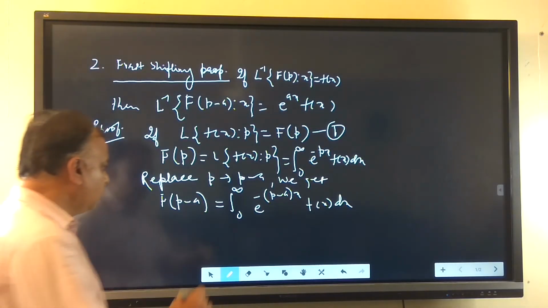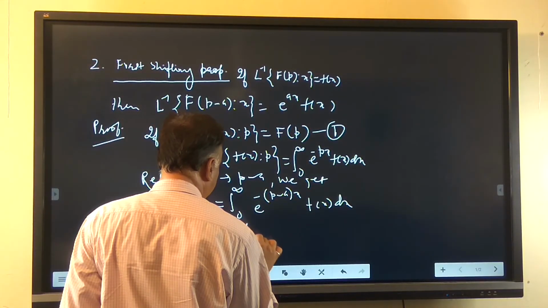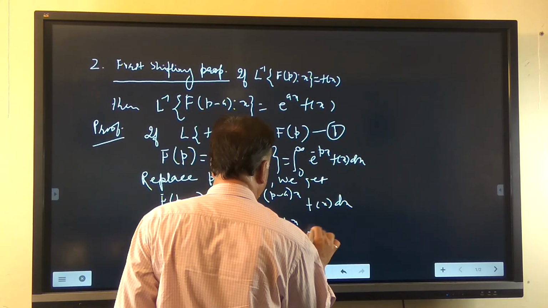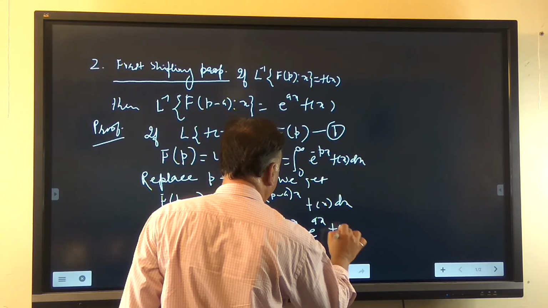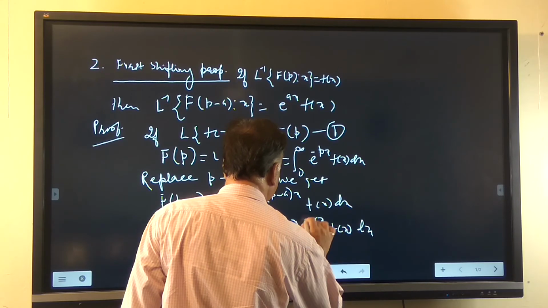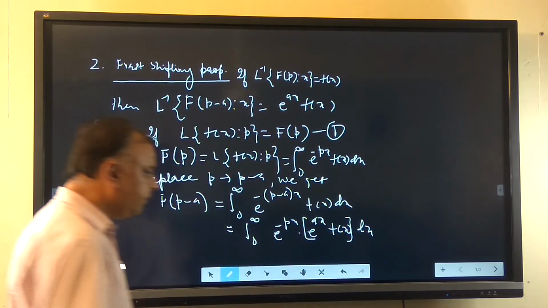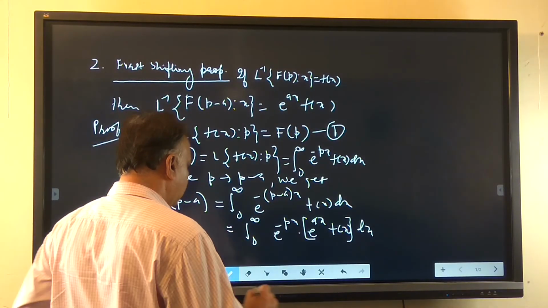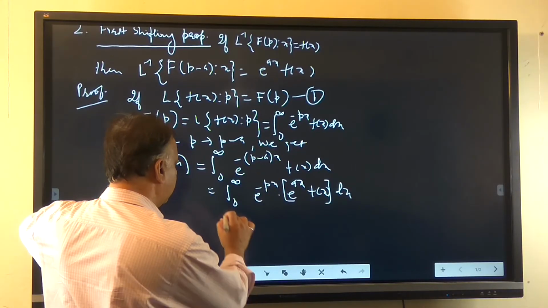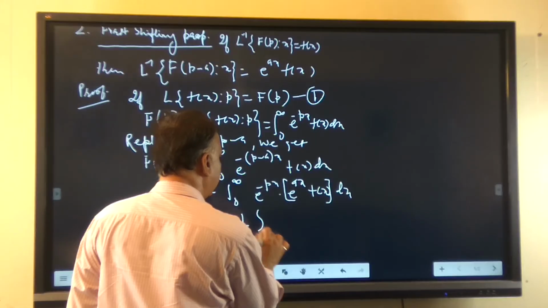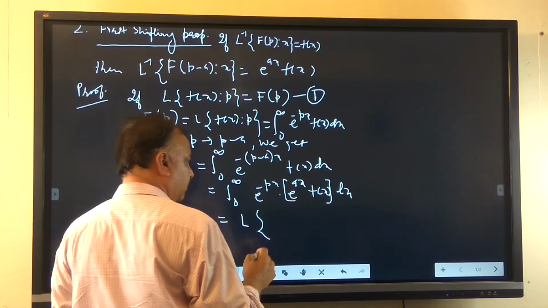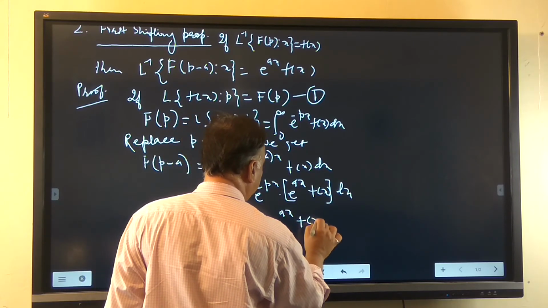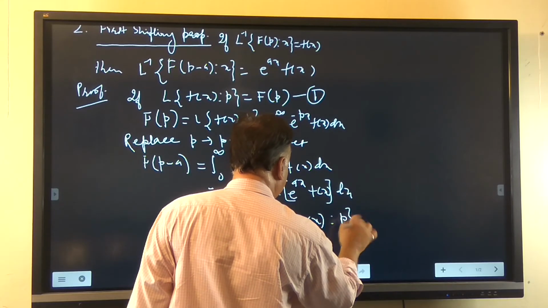Now solving this, we get the integral from 0 to infinity of e raised to minus px into e raised to ax f(x) dx. Now on the right hand side, we see that this is the Laplace transformation of the function e raised to ax f(x) with respect to p.